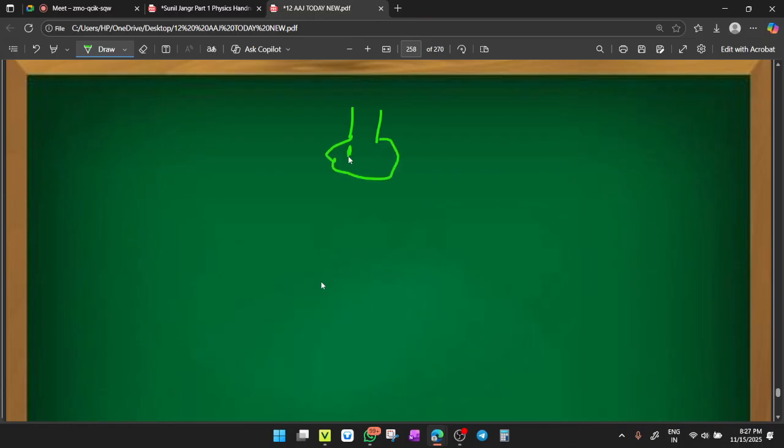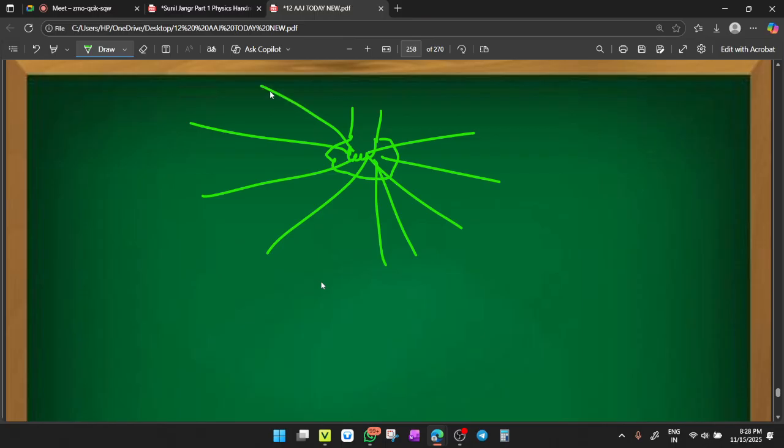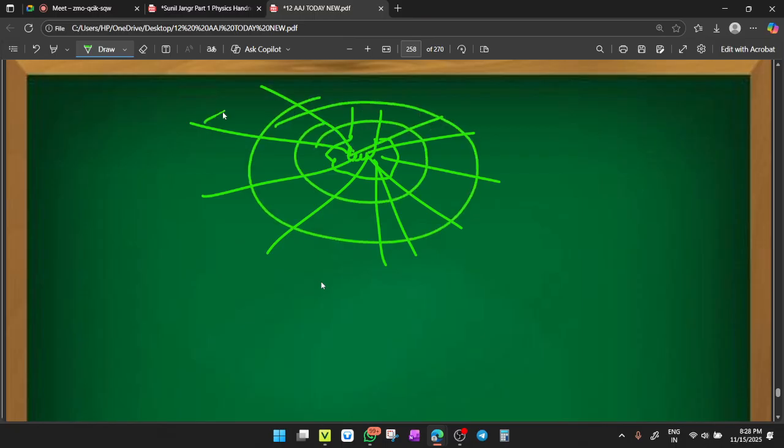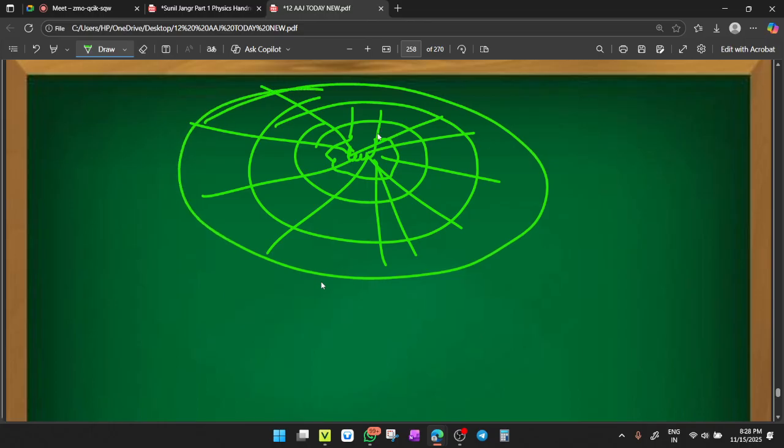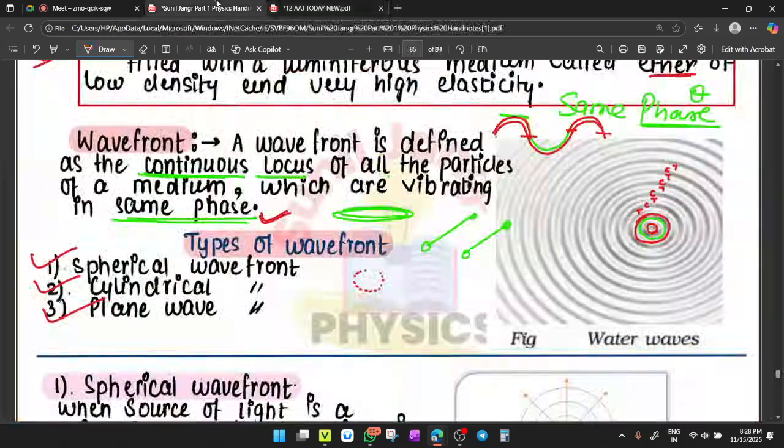If this bulb is illuminated, then the light rays go like this. Yes or no? These are the rays of light. So the particles vibrating in the same phase look like this. These patterns, these rings, are called wavefronts.